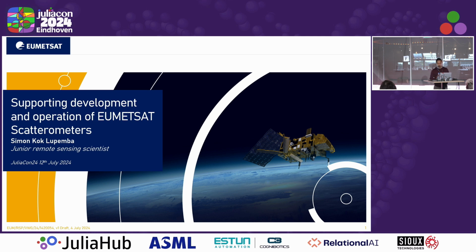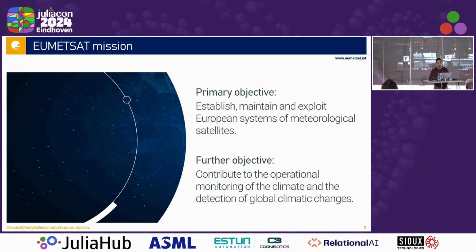Yeah. So first, I'll just briefly introduce what EUMETSAT is. We are an intergovernmental organization composed of different member states and funded by different member states in Europe. Our goal is to establish, maintain, and exploit European systems of meteorological satellites.